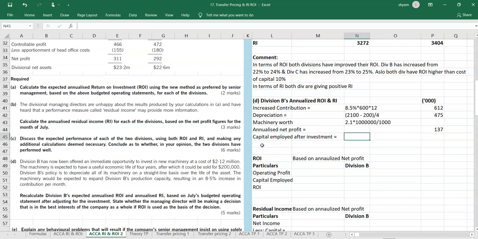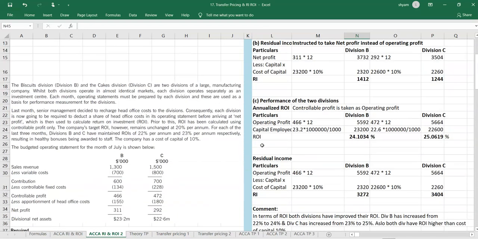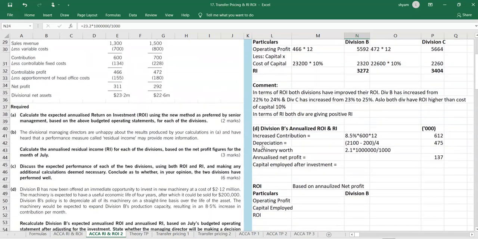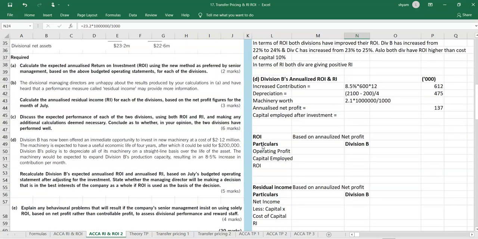If you see, for division B, we have already found out the investment. It was 23,200. With that, we can add 2,100. So we got 25,300.